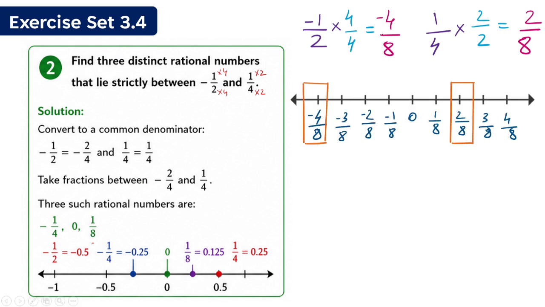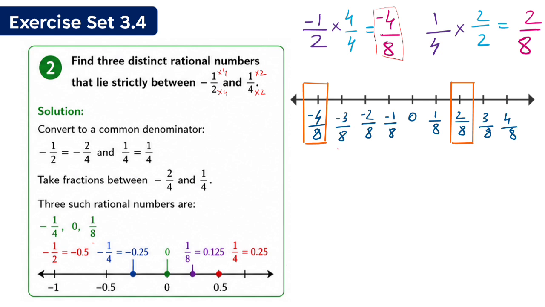So on the number line, you can just mark these values like -4/8, -3/8, -2/8, -1/8 on the left side of the origin, and then we can have 0 in the middle, and then we can have 1/8, 2/8, 3/8, 4/8, and so on. Since we have these two fractions, -4/8 and 2/8, I just have to pick any three distinct rational numbers.